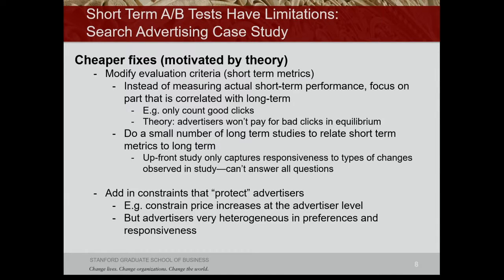Another thing you can do is do a small number of long-term studies to relate short-term metrics to the long term. But this has its own problems, and it's somewhat limited in scope. And then another thing you can do is add in constraints that protect advertisers. Like I know at Facebook there are these Zuck rules. So there are experiments that you can't run. You're just not allowed to do that. And you might say, in search, maybe I'm not going to ship things that affect any advertiser too badly.